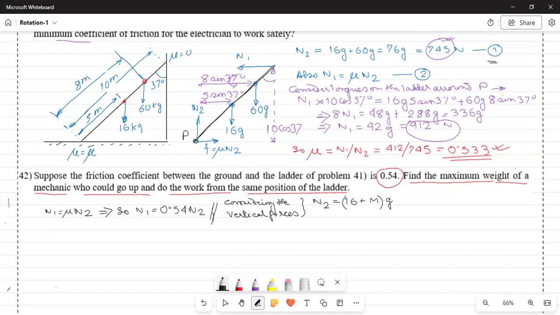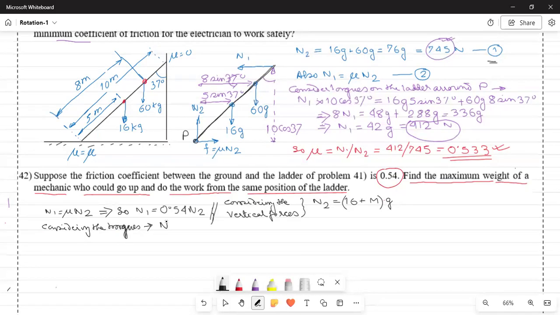And once again, considering the torques like before, what do you get?